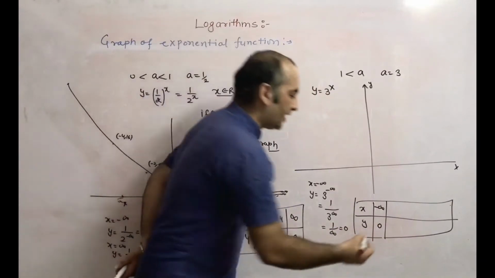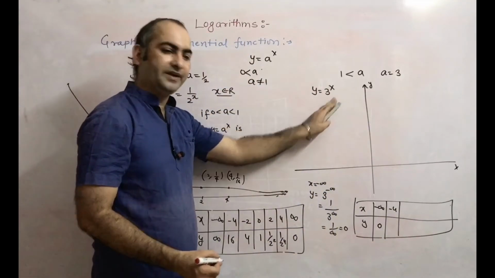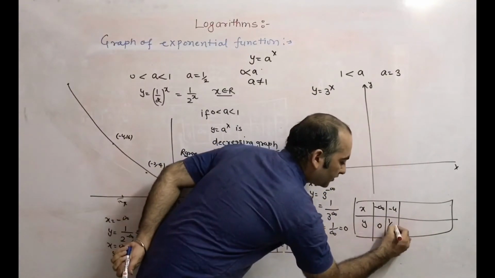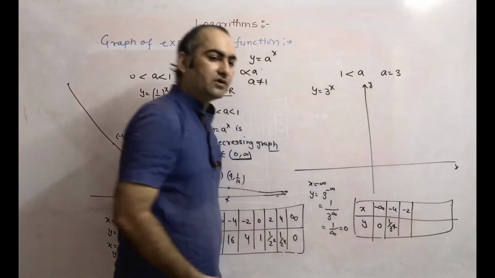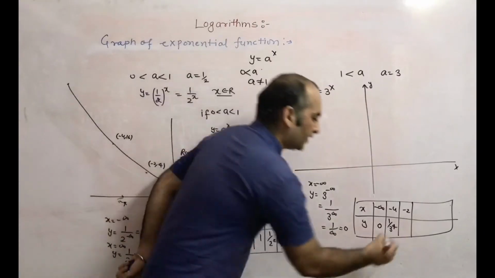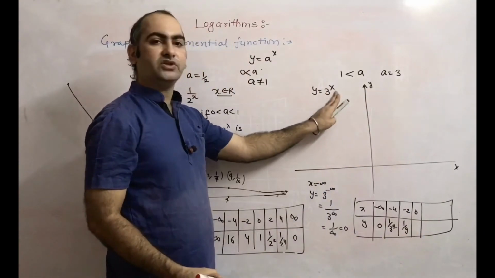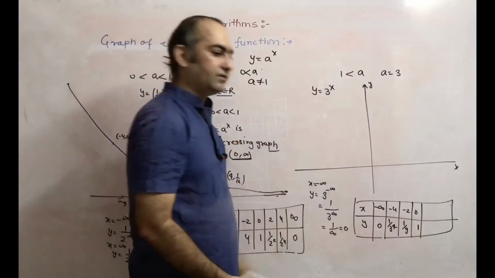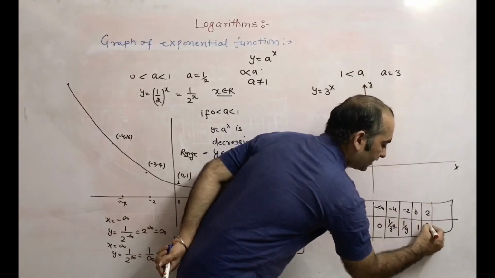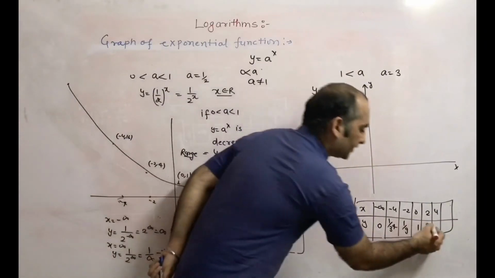Now if I put minus 4, then 3 power minus 4 is 1 by 3 power 4. If I put minus 2, 3 power minus 2 is 1 by 9. If I put 0, then 3 power 0 is 1. If I put 2, then 3 square is 9. If I put 4, then 3 power 4 is 81.